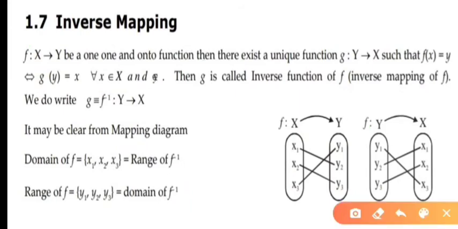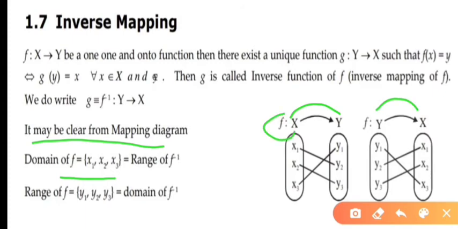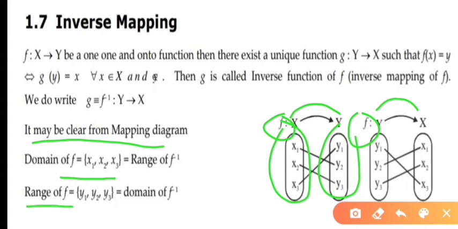Here it may be clear from the mapping diagram that the domain of f is x1, x2, x3, here x to y, here y to x, but both functions are under f only. If they take g then also okay, it doesn't matter, both are f here. Domain of f means these elements. Domain of f is range of f inverse and range of f is domain of f inverse, opposite to that, right?